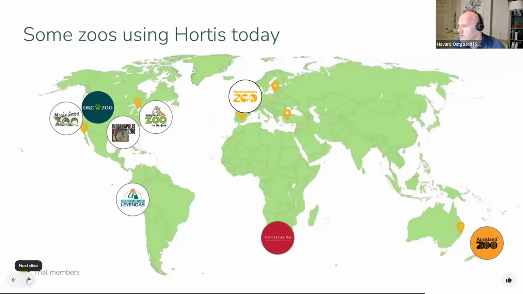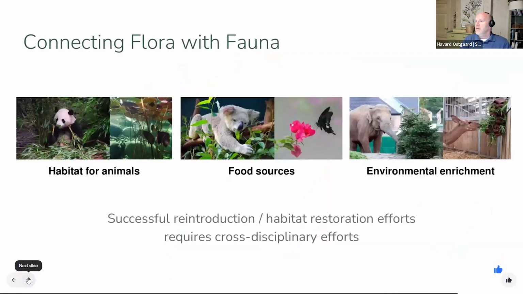So, as I mentioned, we've had Hortis live for nearly 2 years now, or a bit over 2 years, and we have quite a few zoos already on Hortis. It's also very nice to see that we have it on 5, 6 continents, not Asia yet. So there's a nice community here already, and we are working definitely towards helping the community.